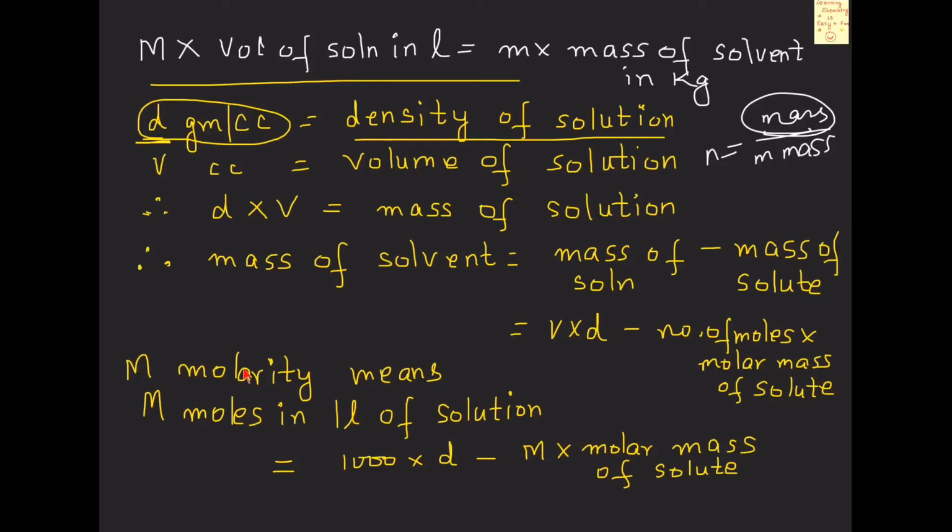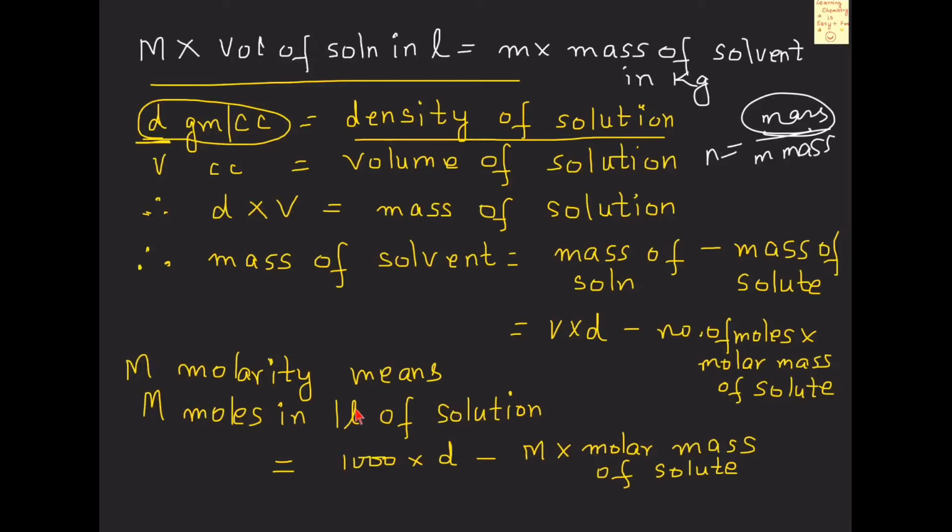So, molarity means I've got M moles of solute in 1 liter of the solution. If I say a solution is 5 molar, that means 5 moles of solute in 1 liter of the solution. If I say a solution is 0.01 molar, that means 0.01 moles of solute in 1 liter of the solution, right?